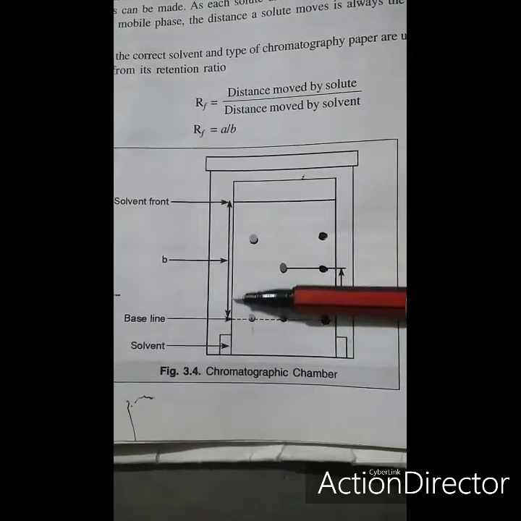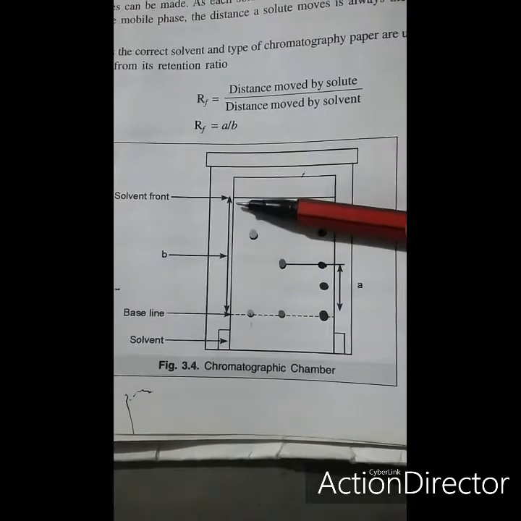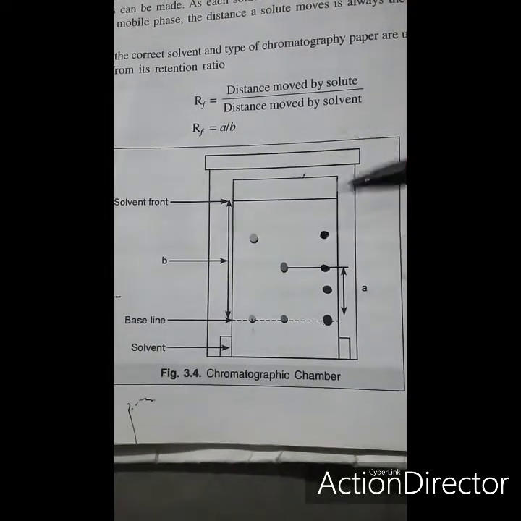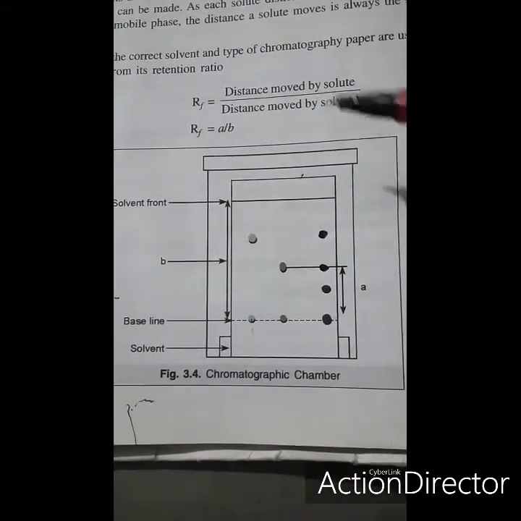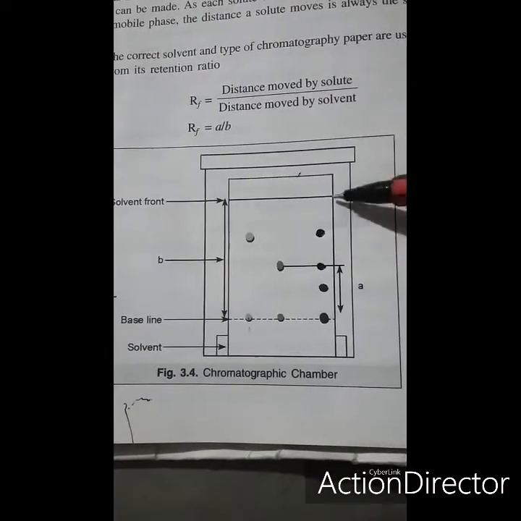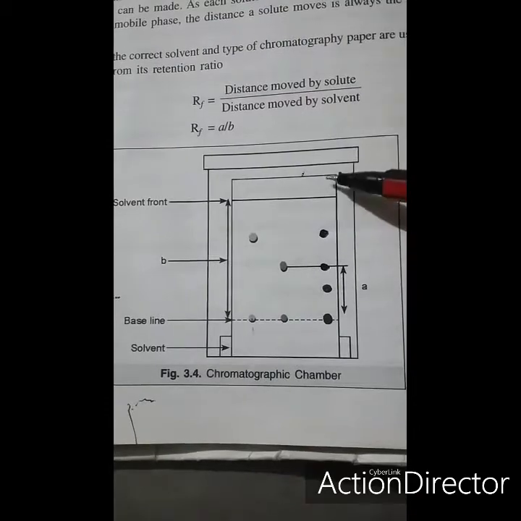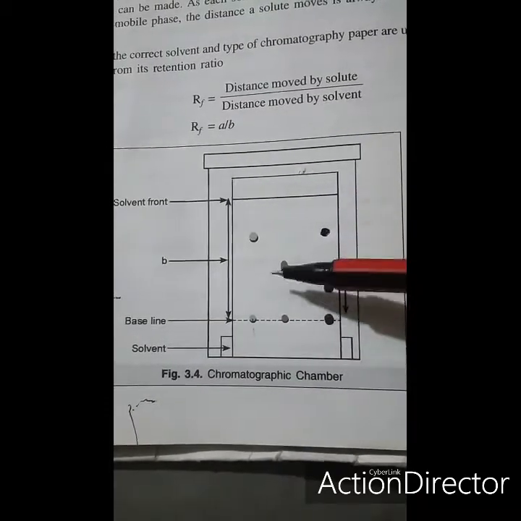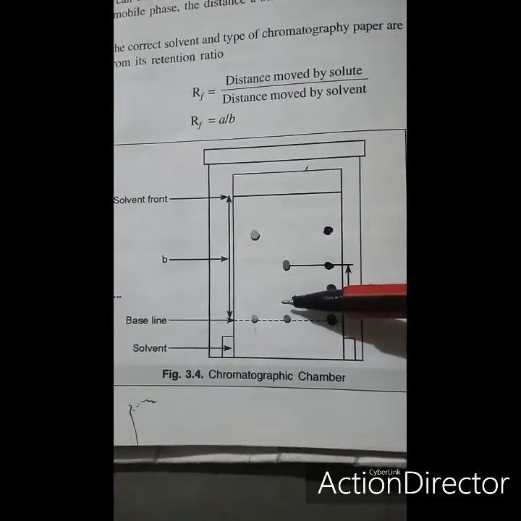We allow the solvent to move till the other end of the Whatman paper. When it comes to the other end, we take it out, mark it, and allow it to dry. Then we spray a suitable spray reagent.